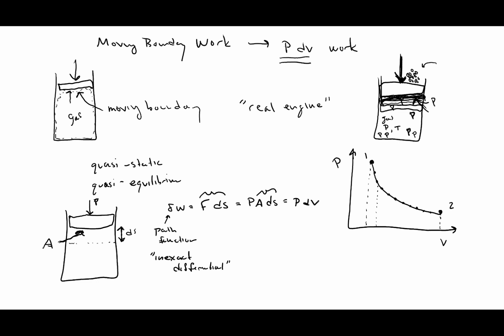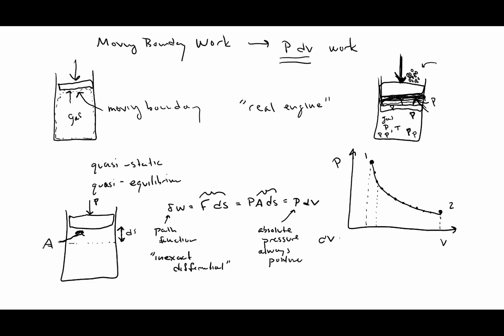Pressure is absolute pressure, and it's always positive. So I'm just going to put this here. So this pressure is absolute pressure, and it's always positive. dV can either be positive or negative.